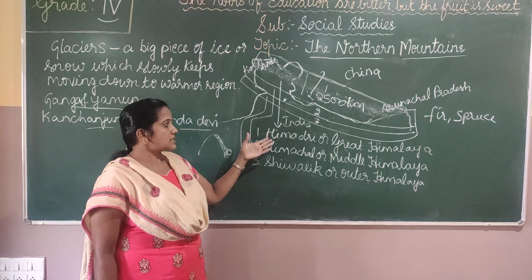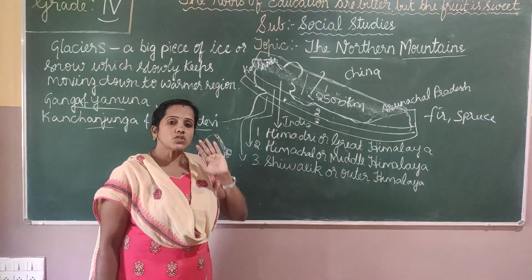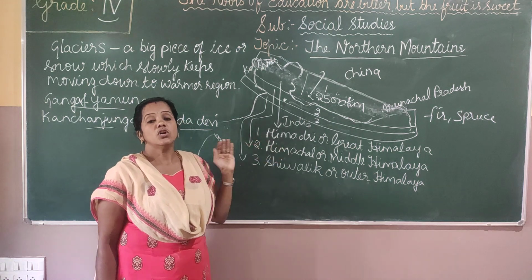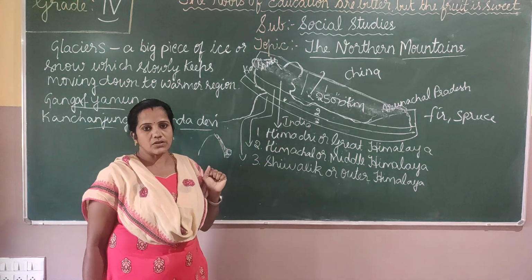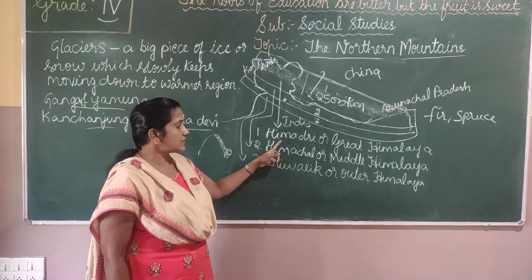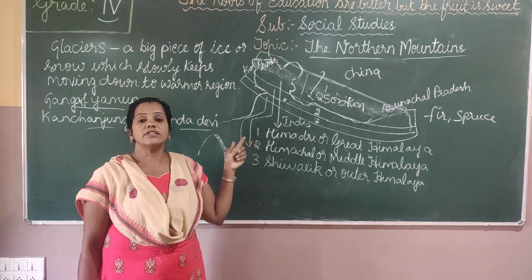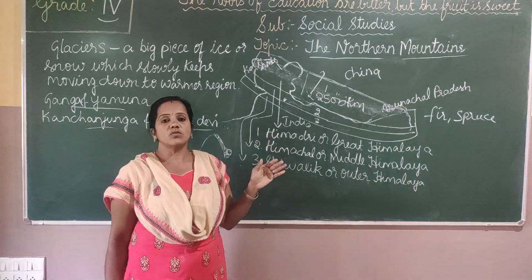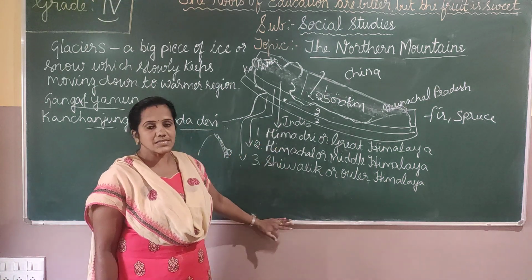As this is at the northern tip, most of the peaks in Himadri are covered with snow throughout the year. As this place is very cold, not many trees grow in this region.